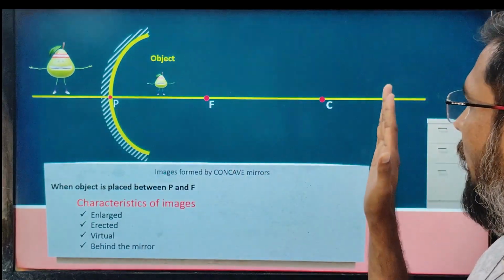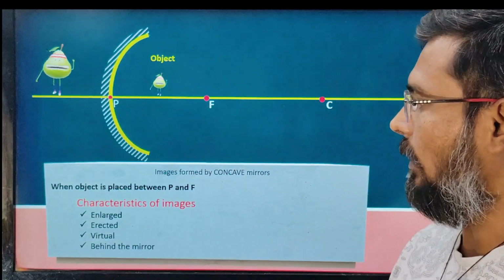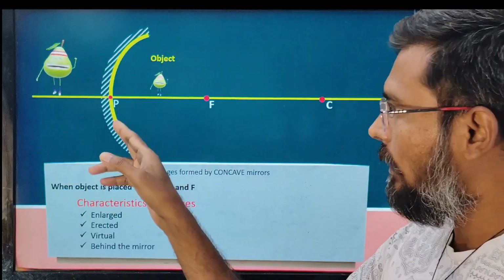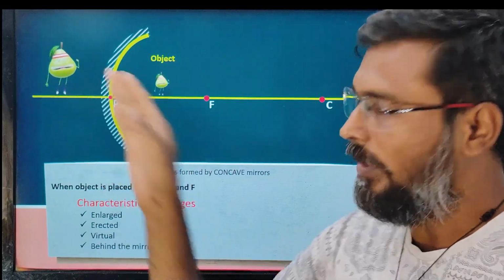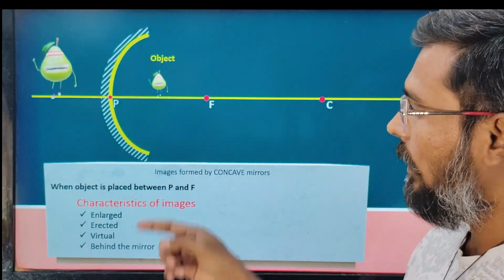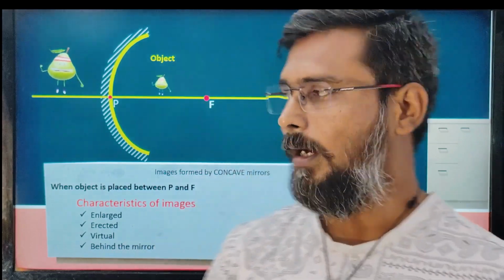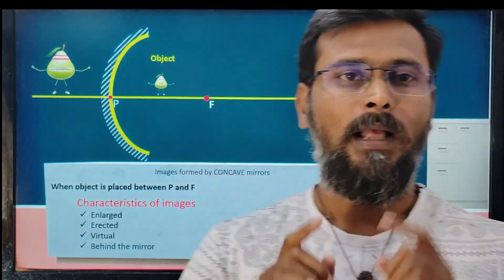You cannot catch this image on a screen, so that is the reason this image is called virtual. So these are the four characteristics. What are they? Enlarged, erect, virtual, behind the mirror. These are the four characteristics when the object is between P and F.